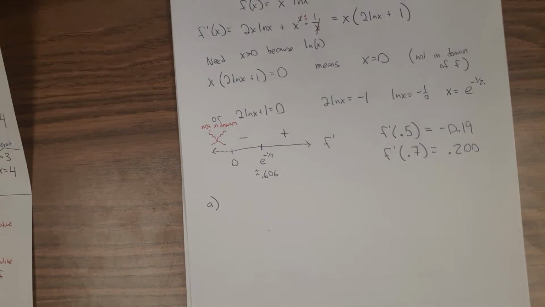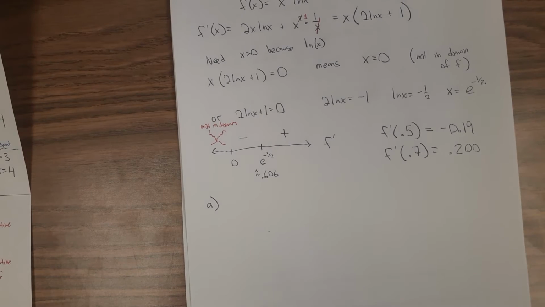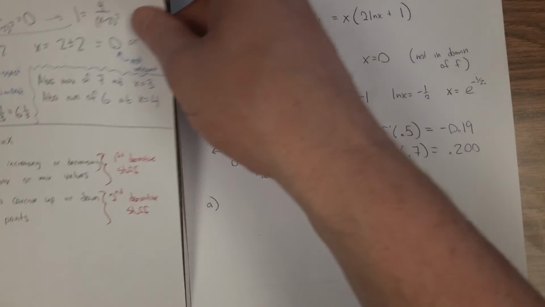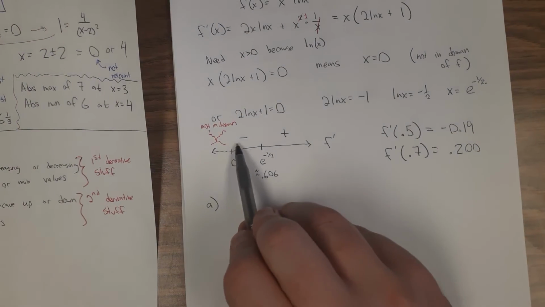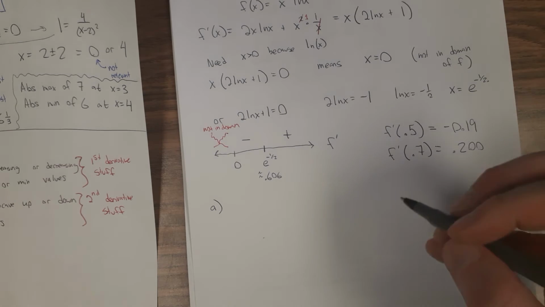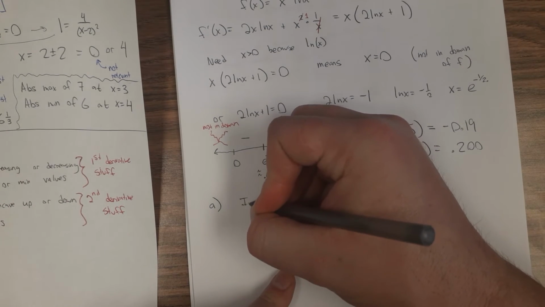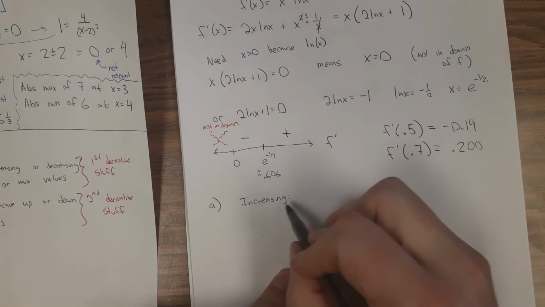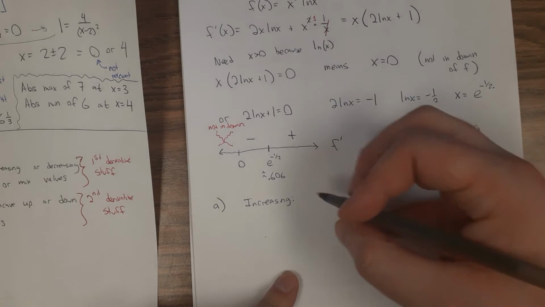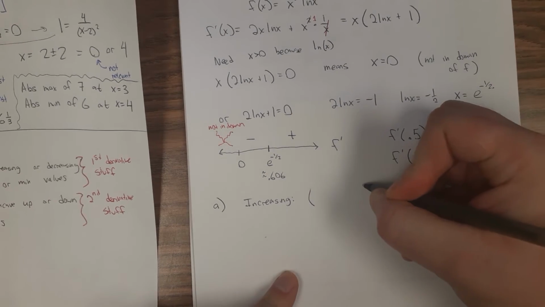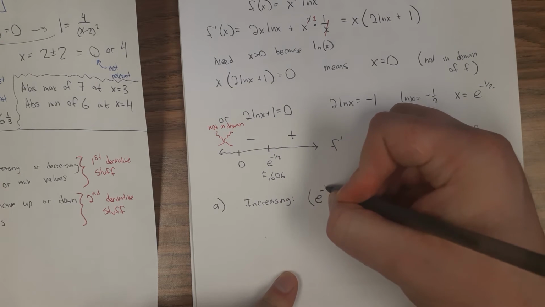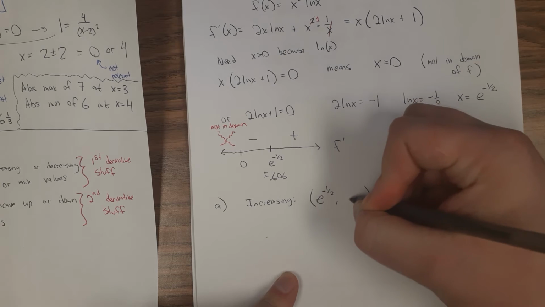I am ready to start answering some questions. Part A, if you recall, was to find where it's increasing and decreasing. It's decreasing here, increasing here. And when I put my answer for increasing, I'm going to put my interval. I'm going to write the exact answer.